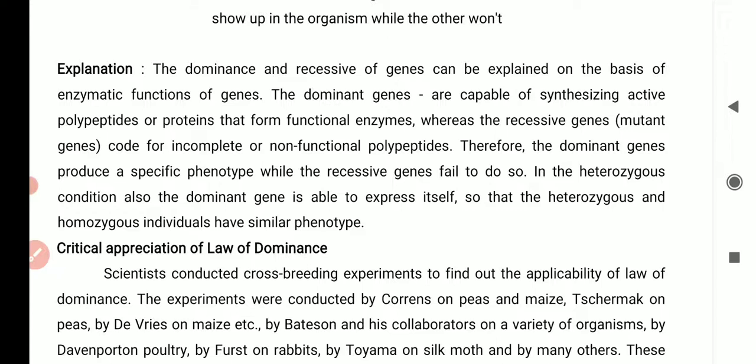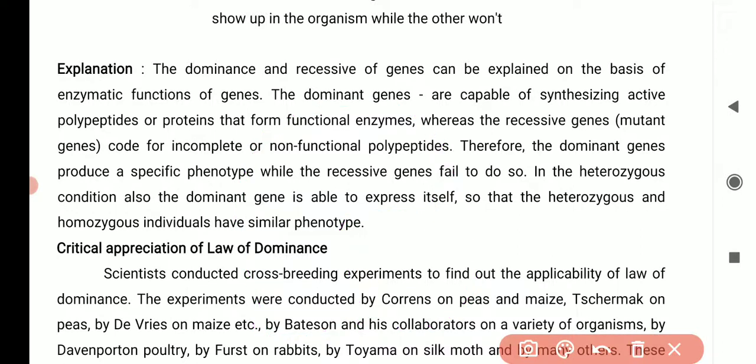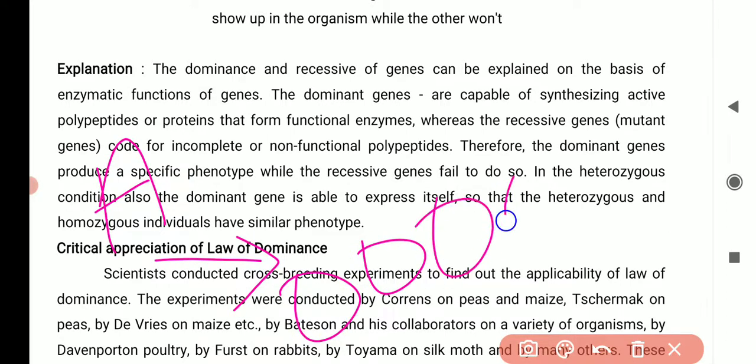So now let's see the explanation. The dominance and recessiveness of the genes can be explained on the basis of the enzyme functions of the gene. So let's say the dominant gene is functional and it produces proteins, a long polypeptide which gives you the color purple.